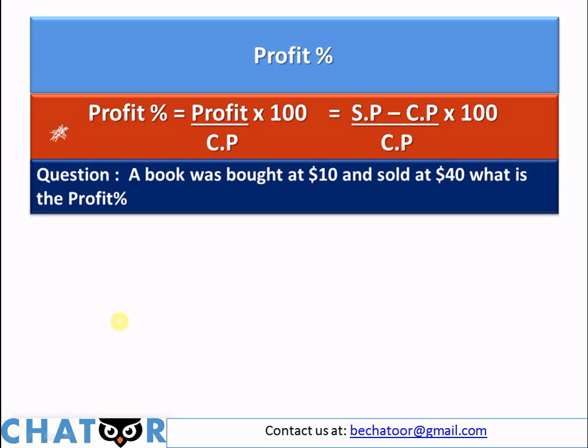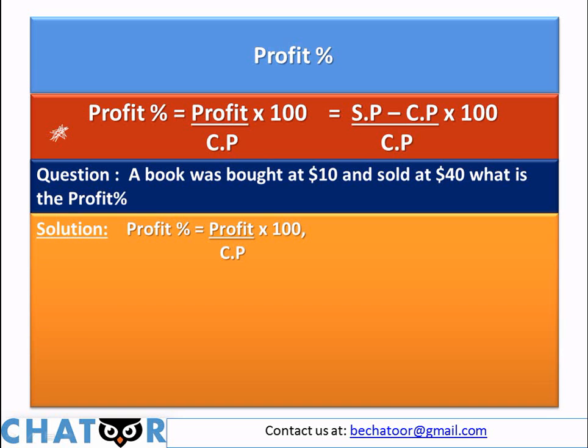Now let us look at a sum. Let's go ahead and solve a problem. The question says a book was bought at $10 and sold at $40. What is the profit percent? You could do this through percentage, or you could do this through profit and loss. But since we are in the profit and loss chapter, we would go with whatever formula we have been using.